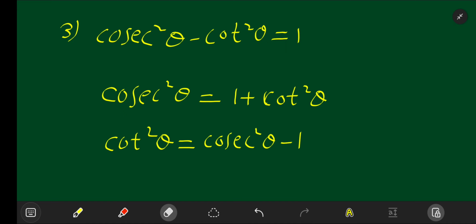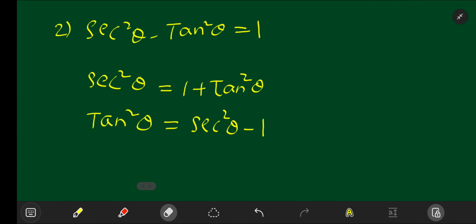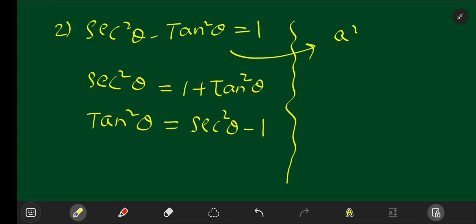Next, from this second identity, this is in the form of a square minus b square, that is equal to a plus b into a minus b. We know this formula from algebra. a square minus b square is equal to a plus b into a minus b.